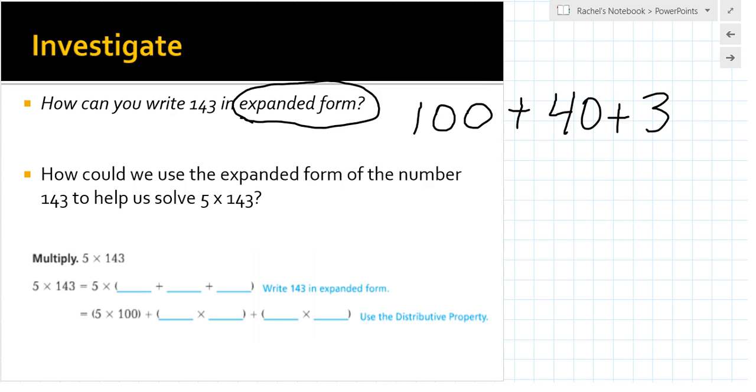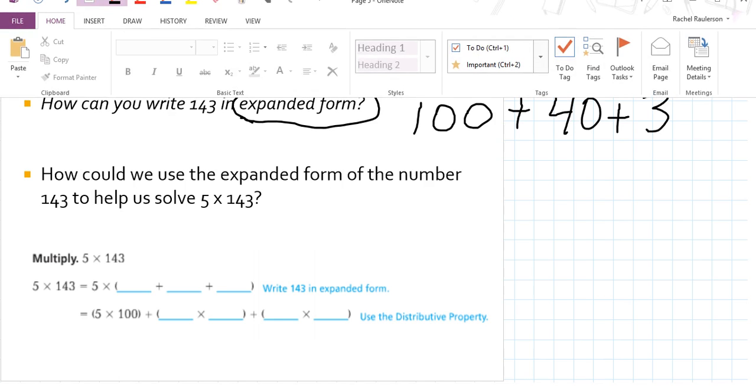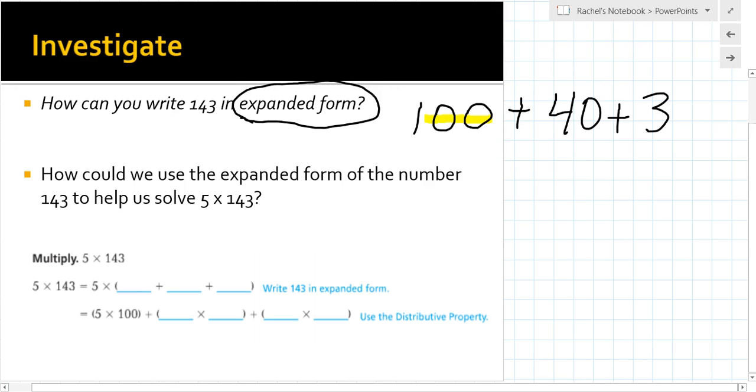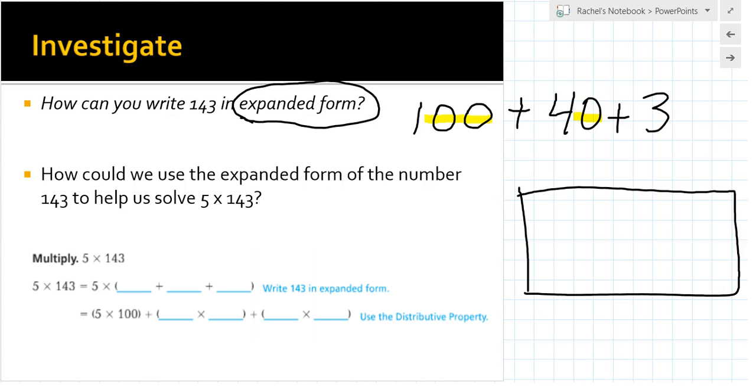Using that understanding of breaking apart 143 into 3 smaller numbers, and also with our understanding of multiplying large numbers with zeros, this problem becomes a lot easier. To do 5 times 143, we want to take this expanded form, and we don't need a grid paper anymore.